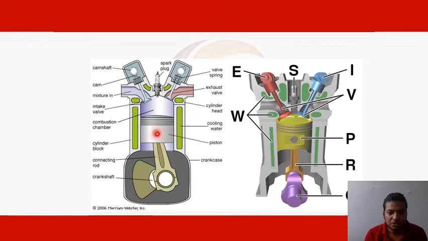This is known as the small end of the connecting rod, and this is known as the big end of the connecting rod. This whole part is the cylinder block, and the topmost part is known as the cylinder head. In the center you can see the spark plug is there. So this indicates that this is the two-stroke engine.